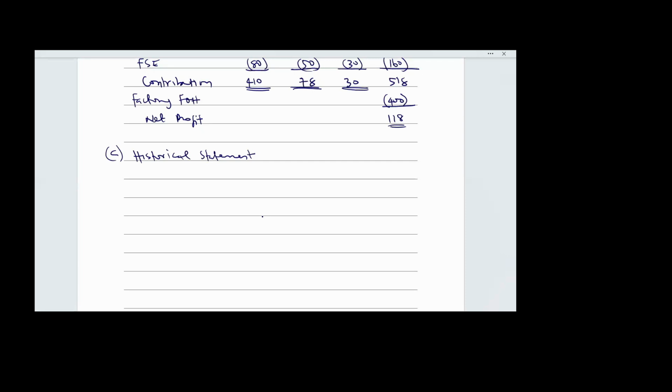Historical statement for or after closing down of Benin and Kaduna. We want to see what will be the impact on the company's overall net profits. If you close down Benin and Kaduna, what will be the impact on the company's overall net profits?